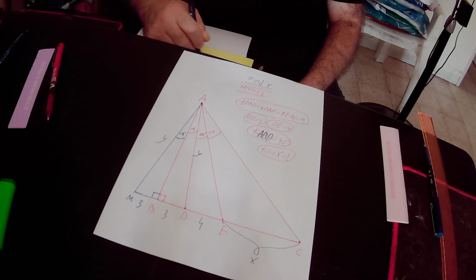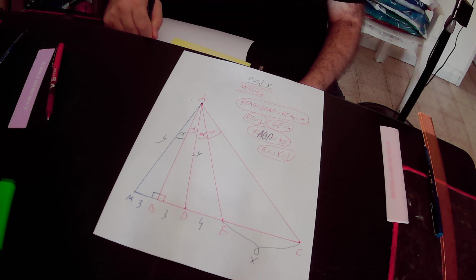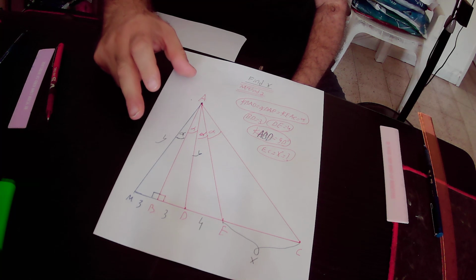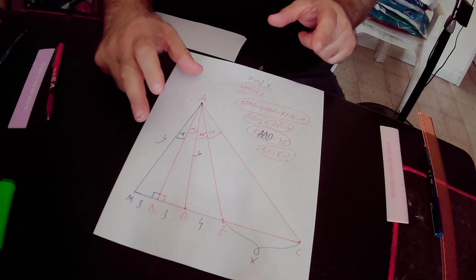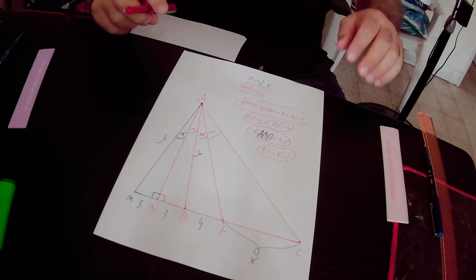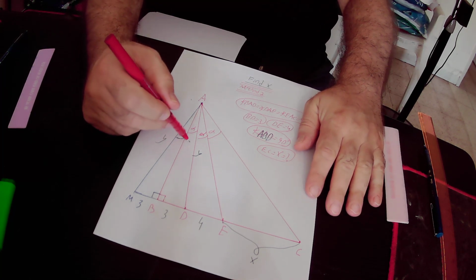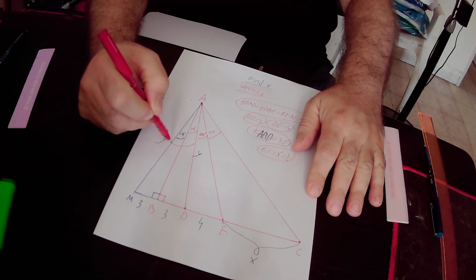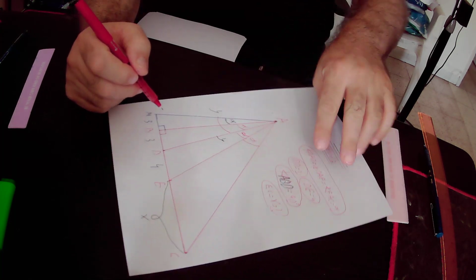So why is AD angle bisector in triangle AMC? Because actually it divides angle MAC into two equal parts. The first part is alpha plus alpha, that is to say 2 alpha.